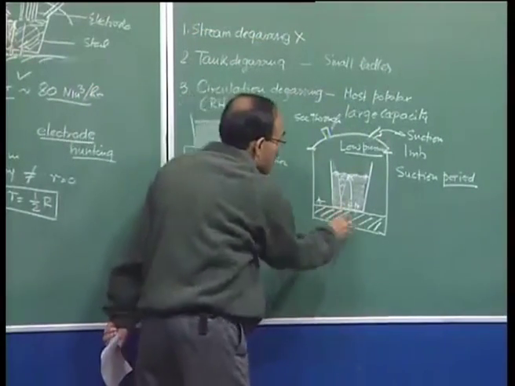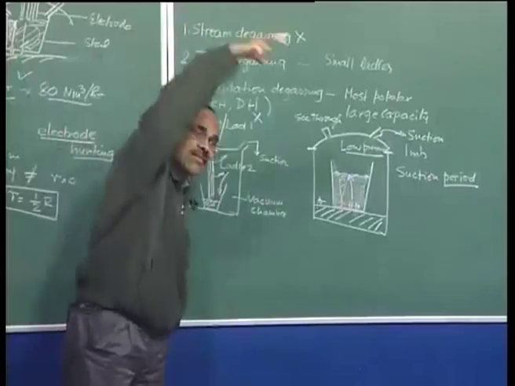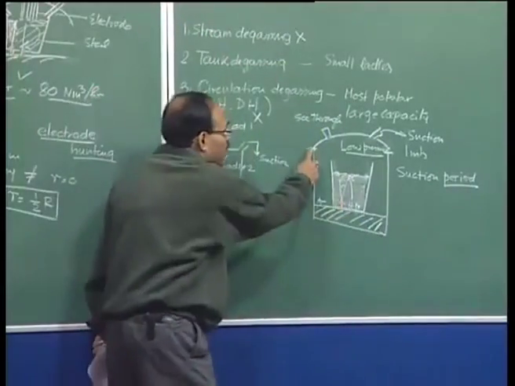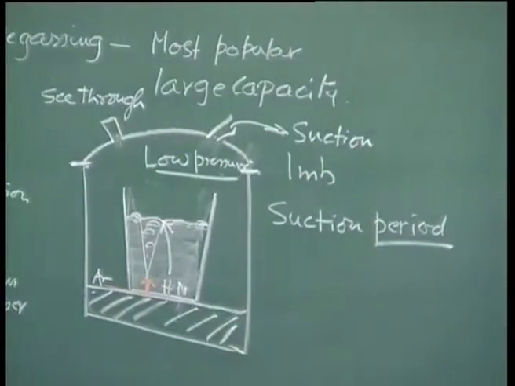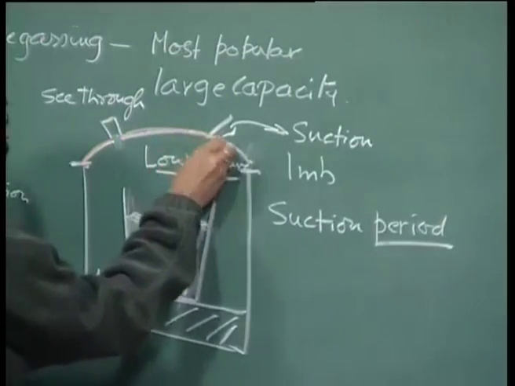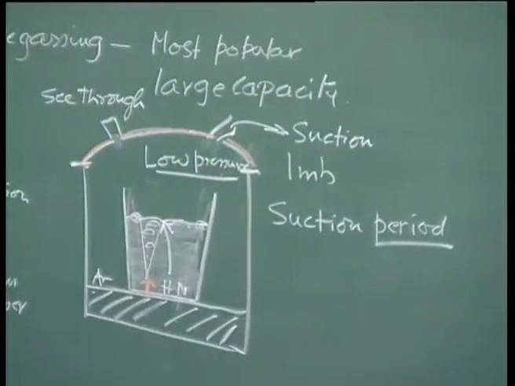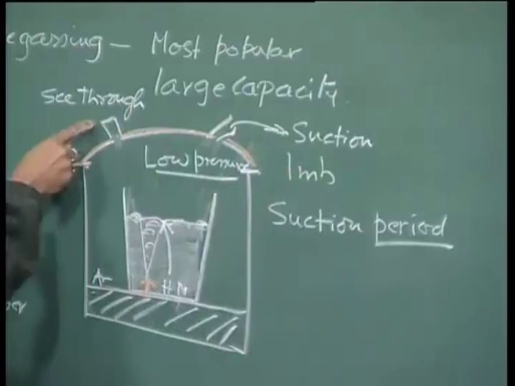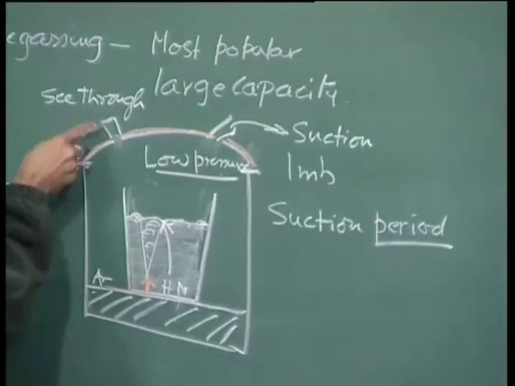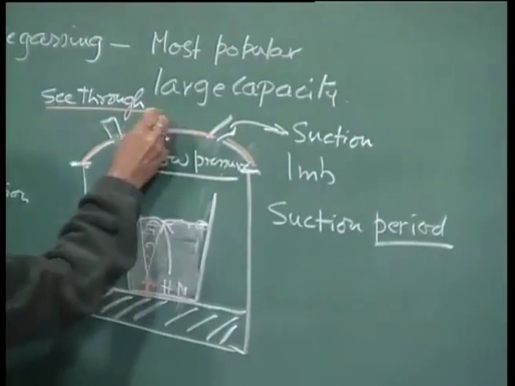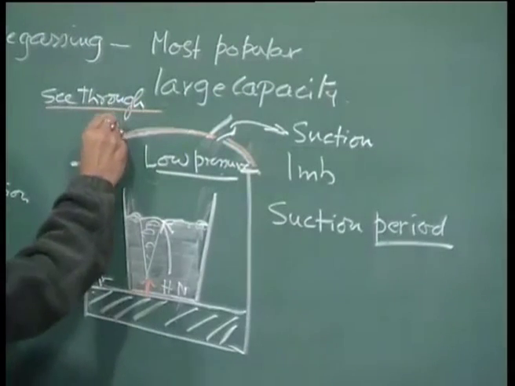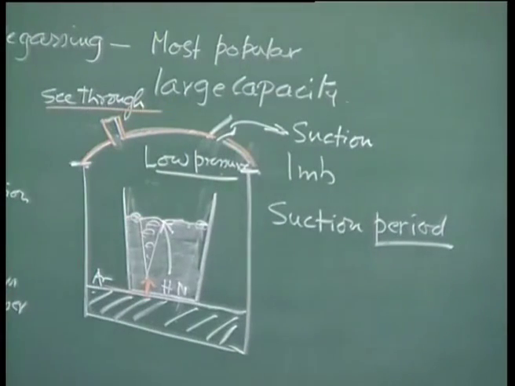That is the arrangement, and then an additional cover is brought and put over the tank, and this is the cover I am talking about. Once this cover is brought, it is made airtight, and then the suction starts, and one can monitor through this particular window, which is a see-through window, and see the progress of the degassing process itself.